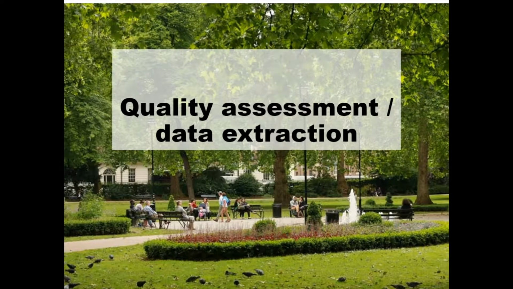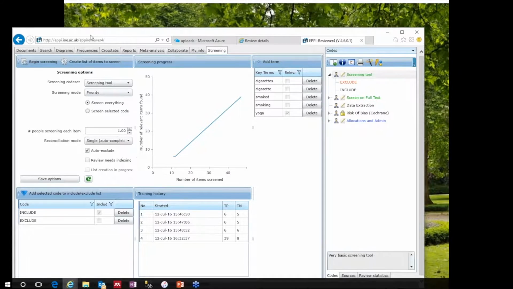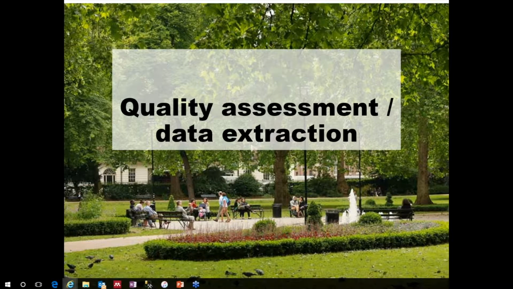We're going to talk a little bit about quality assessment and data extraction. And here, what we're doing is thinking about the way in which we would do this in the context of a review that's potentially using qualitative literature.